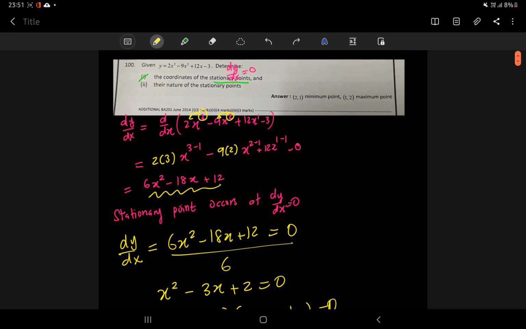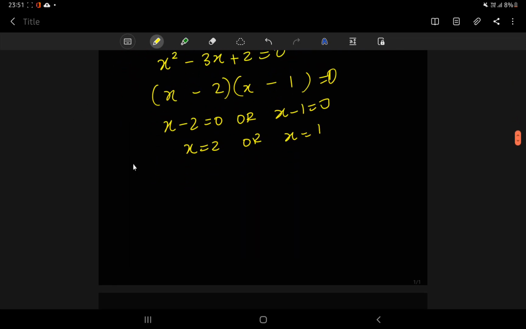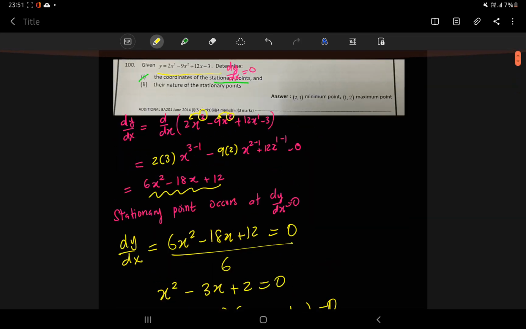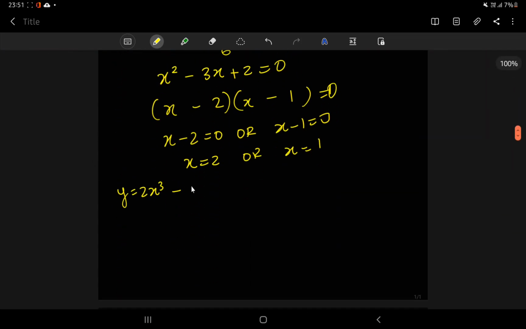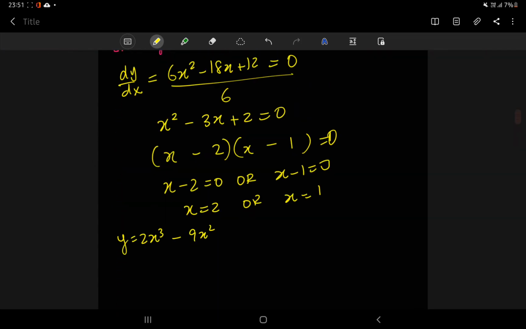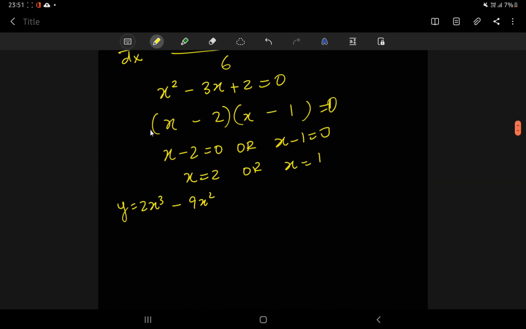So we take back our function. So y equals 2x cubed minus 9x squared plus 12x minus 3.